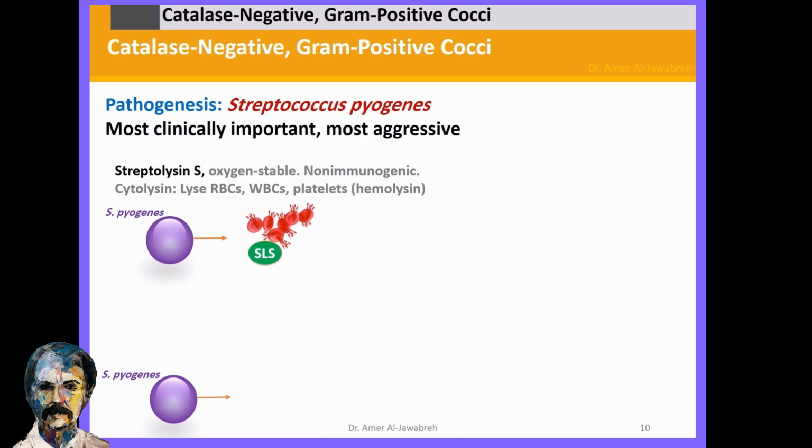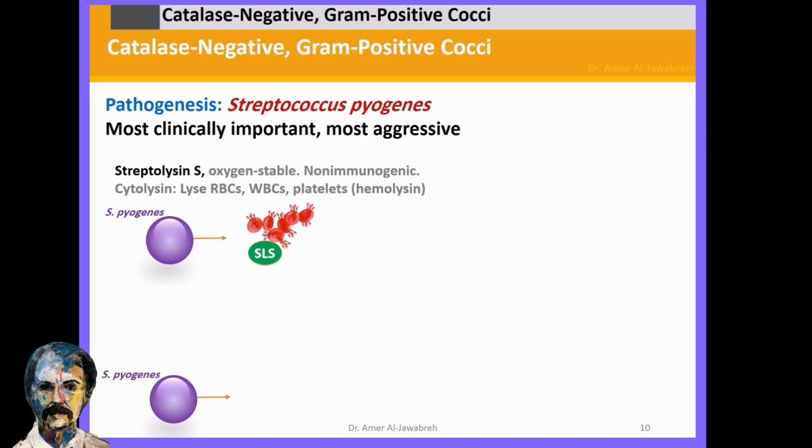Let's continue with the pathogenesis. Strep pyogenes, streptolysin O, that's the first virulence factor. Oxygen stable. So if there is oxygen, it can work. Non-immunogenic. It doesn't elicit an immune response in the human being.